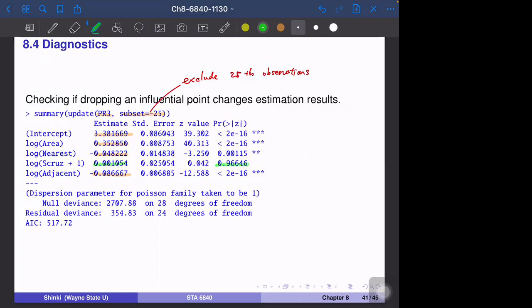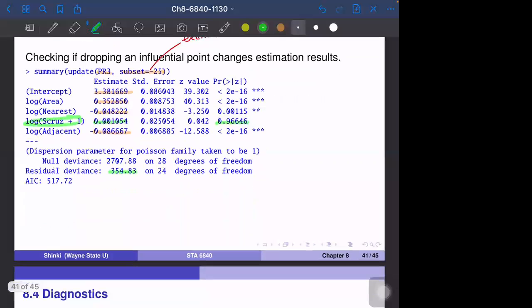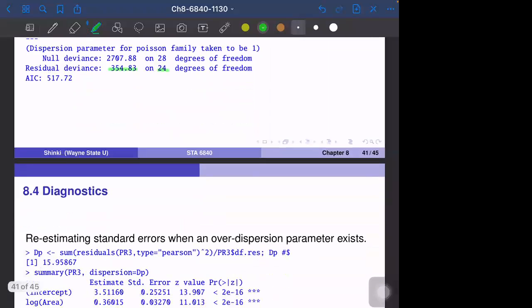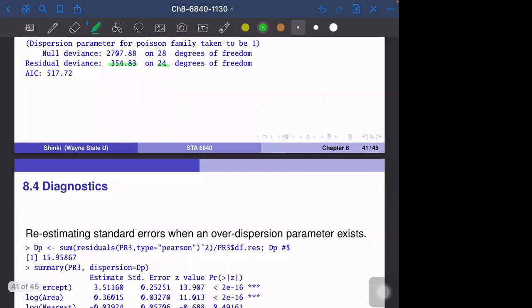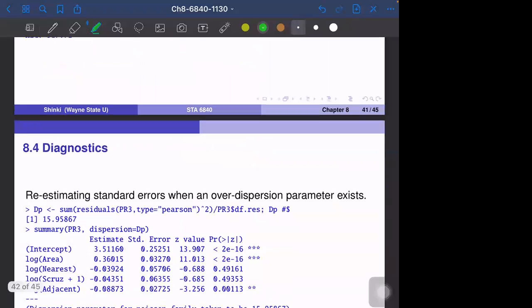So only the 25th observation makes this variable significant. So probably there is not a strong relationship between the number of species and the distance to Santa Cruz Island. Residual deviance improves a bit from 360 to 354. So the 25th observation disturbs the model a bit.